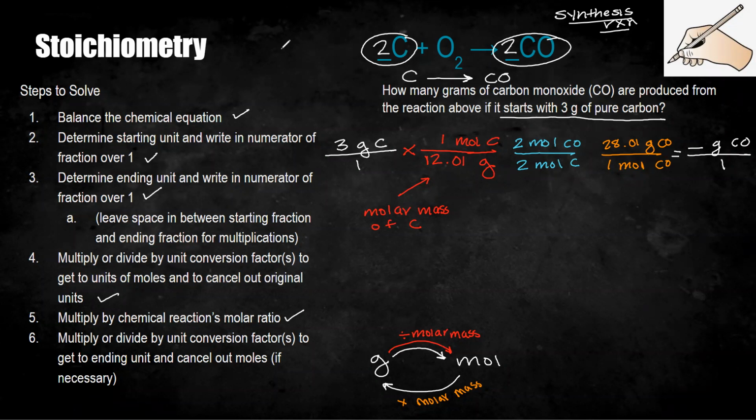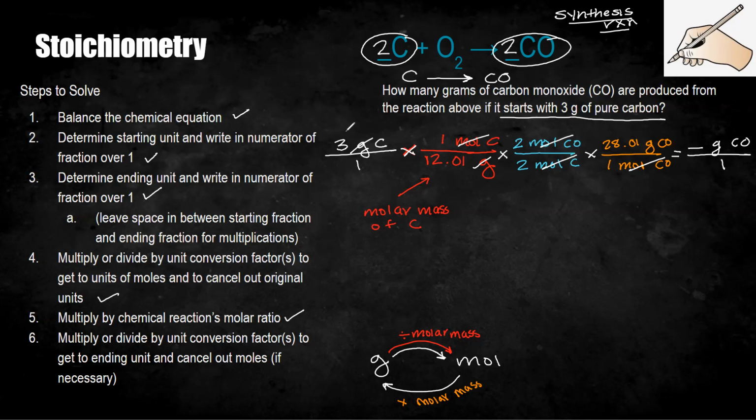Okay, so again, I am multiplying all these fractions across. I have canceled out these units here. And I'm left with units of grams of carbon monoxide.